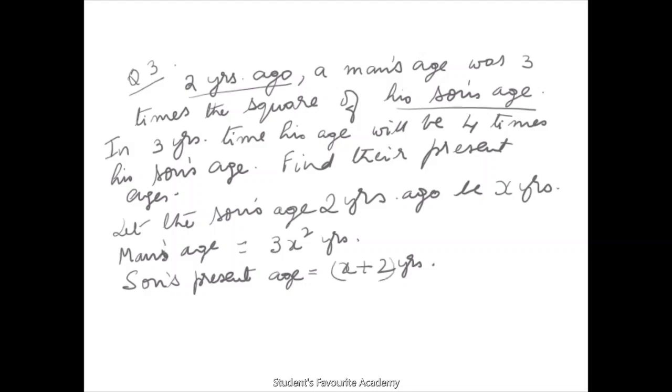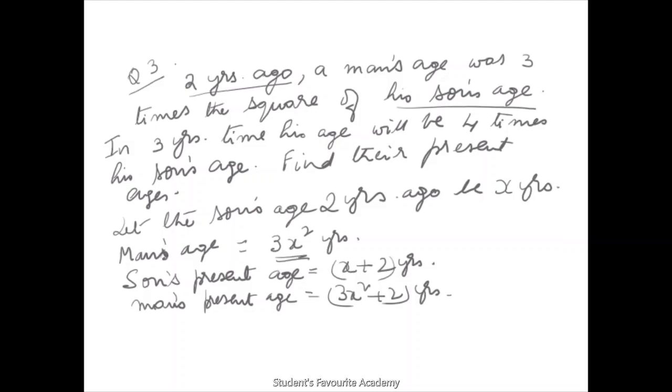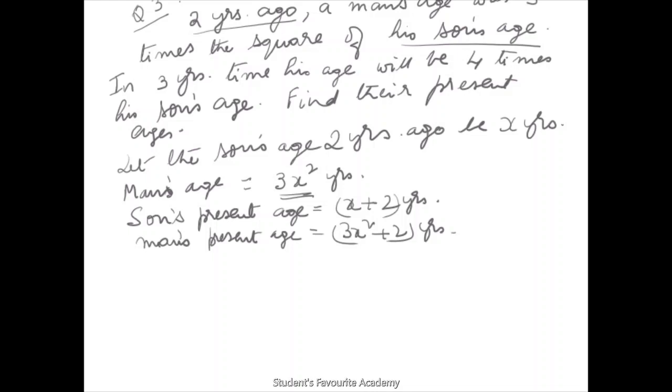Right? Now, man's present age will be 3x square plus 2 years, because 2 years ago the man was 3x square years. Now, in 3 years means after 3 years. After 3 years, what will be son's age?